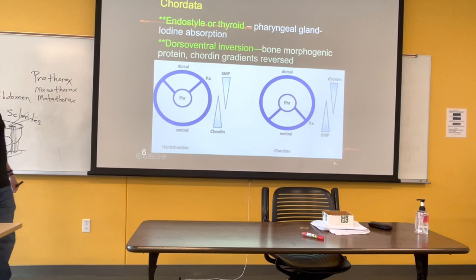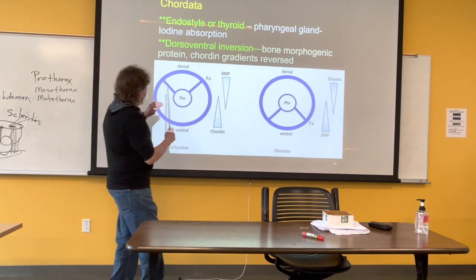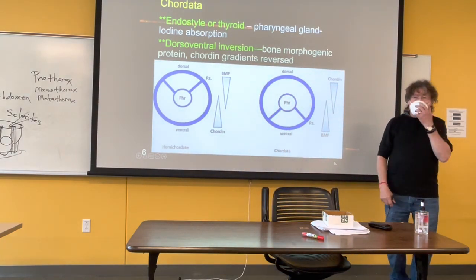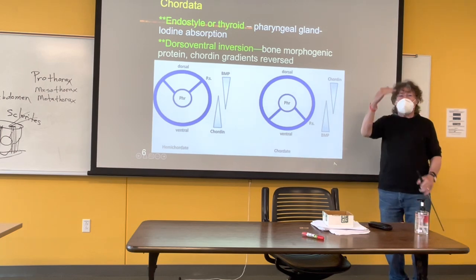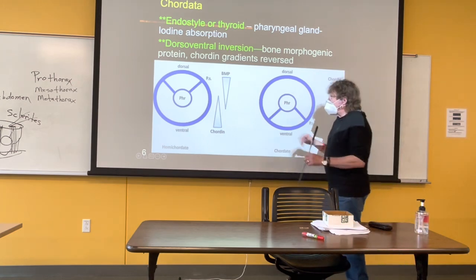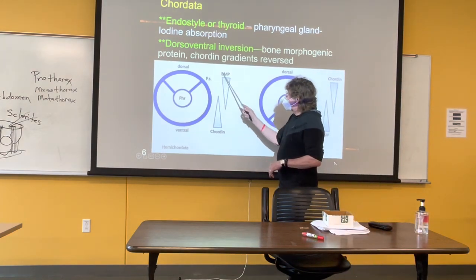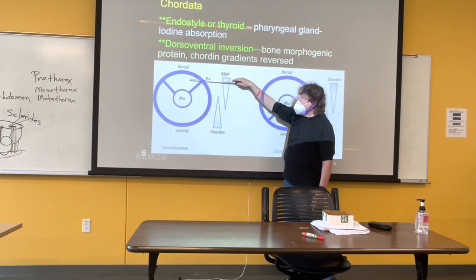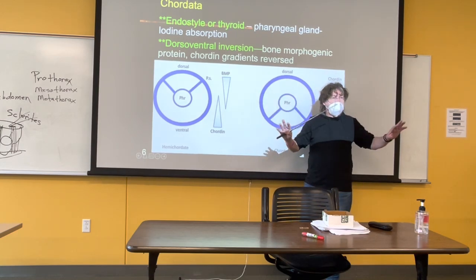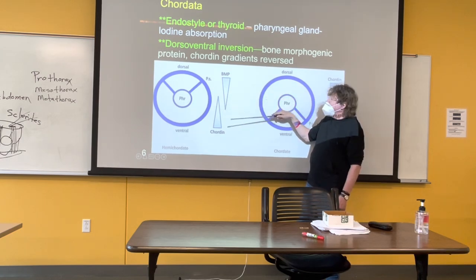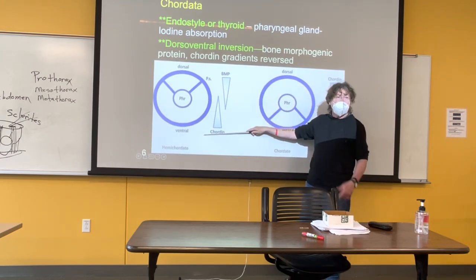Two of these proteins, chordin and bone morphogenetic protein, have gradients that establish what is dorsal and ventral. In all other animals, bone morphogenetic protein is produced by cells on the dorsal side of the body. As that protein diffuses ventrally through the body fluids, its concentration becomes less and less, and this influences ventral cells to become the ventral part of the body.